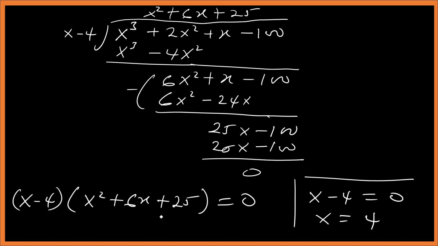So let's look at the second one, x squared plus 6x plus 25. Okay, so let's solve this one. Let's use the almighty formula.